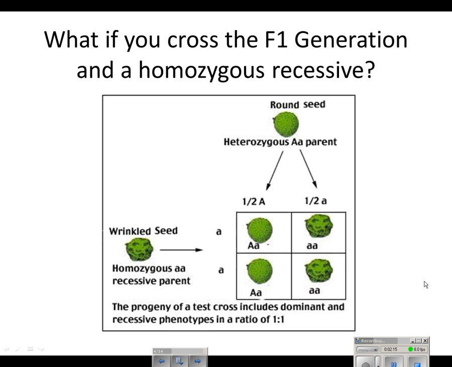So if we cross the F1 generation and a homozygous recessive, homozygous again having the same alleles, recessive being the lowercase, the non-dominant allele, we can see that we're going to get 50% of the smooth seeds and 50% of the wrinkled seeds. But here, if we were to look at the alleles, which you wouldn't see, you would actually get heterozygous individuals.